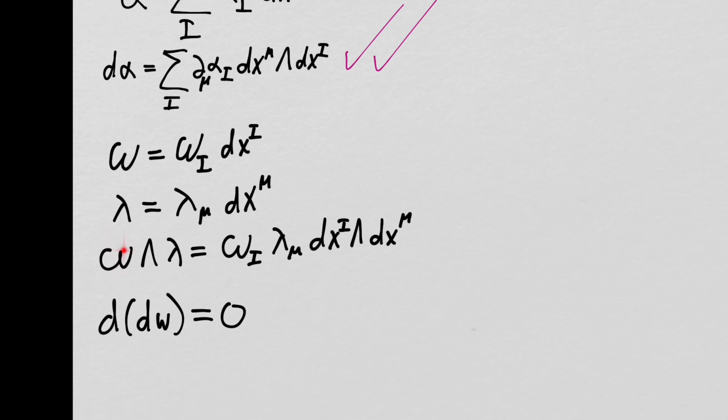Then the wedge product of this k-form with a one-form is simply the product of these two coefficients, and then the k-form part is just wedged with the additional one-form. So this is a pretty simple and straightforward formula.